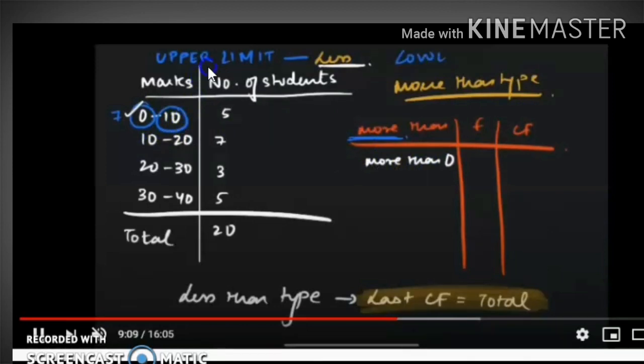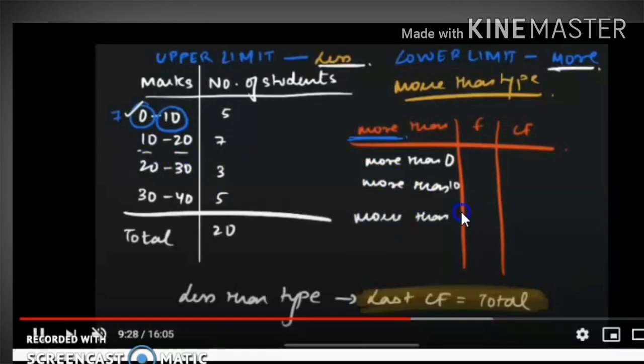The upper limit is not taken here; it's the lower limit for finding more than. So the upper limit is taken for less than, and here in the more than type you will be taking the lower limit. Next is more than 10, then more than 20, then more than 30.